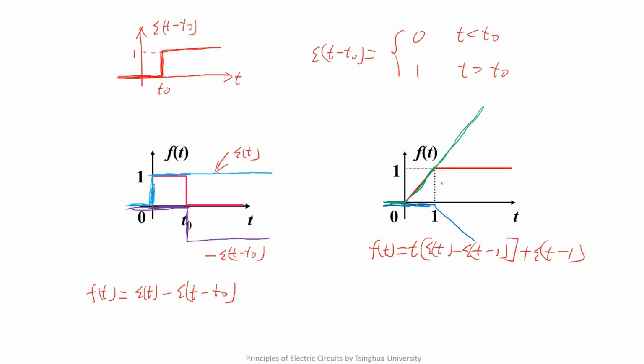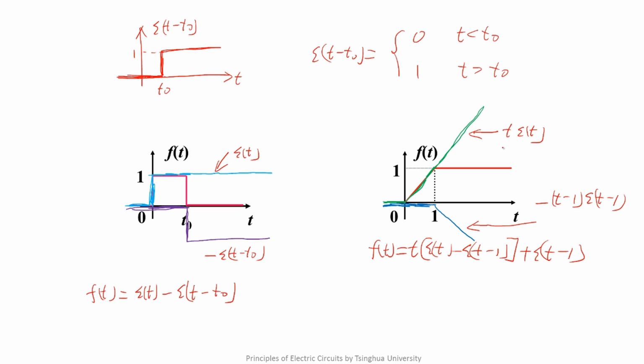The slope of their sum is 0, that is, the value is constant. Let's see what's this function. Obviously, it's t times epsilon t. What's this function? It's the negative value of t times epsilon t with the delay 1. So it equals minus t minus 1 times epsilon t minus 1.